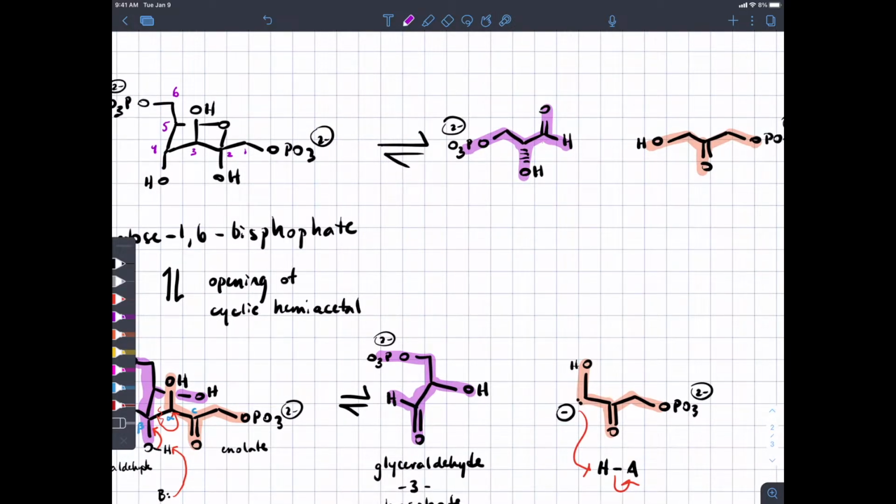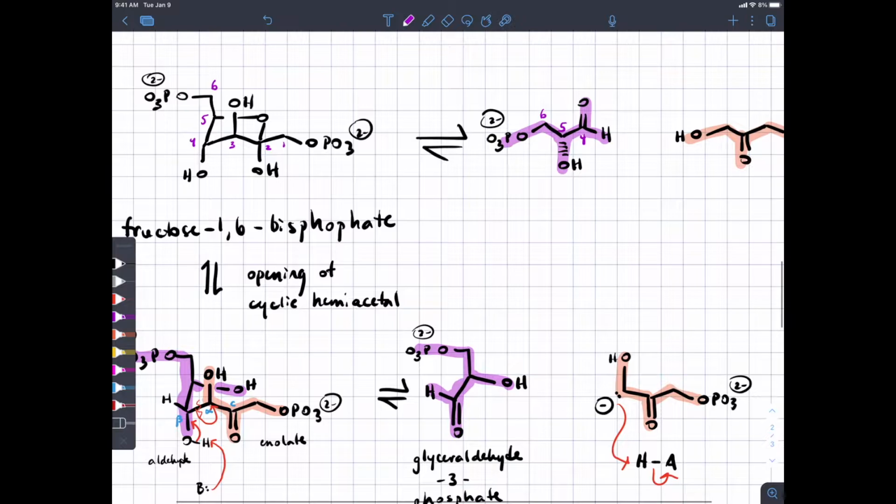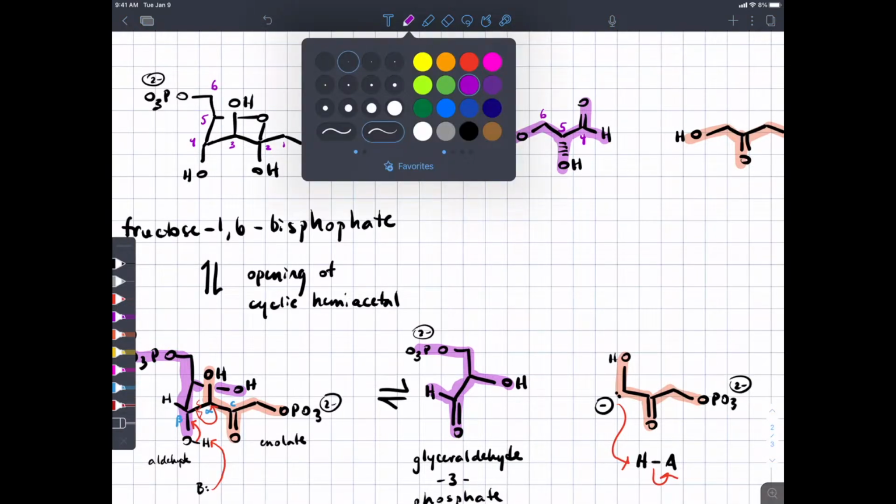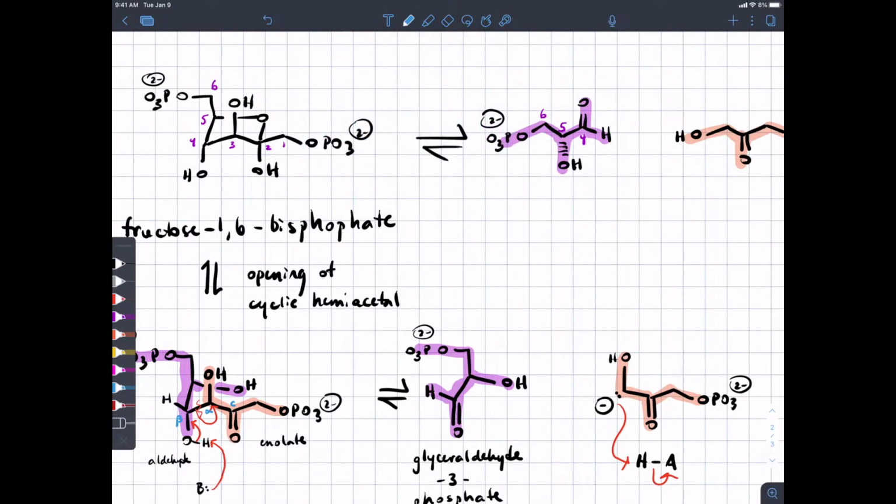Glyceraldehyde 3-phosphate comes from carbons 4, 5, and 6 of fructose, right? But from here on out, we're going to just call them carbons 1, 2, and 3.